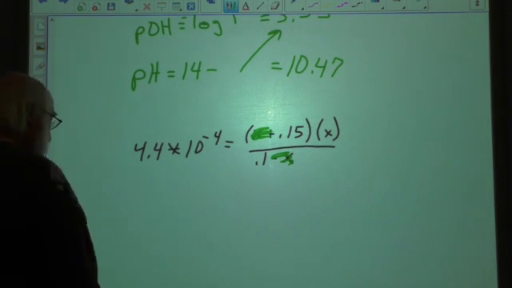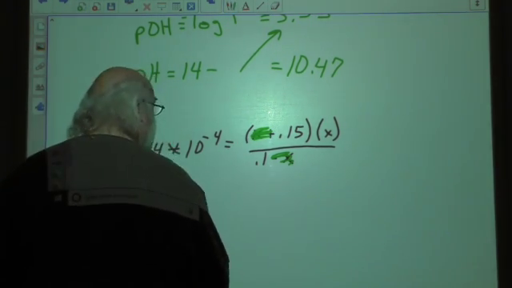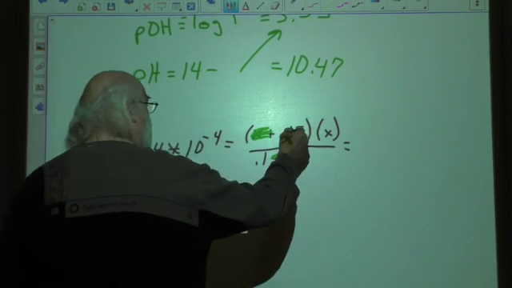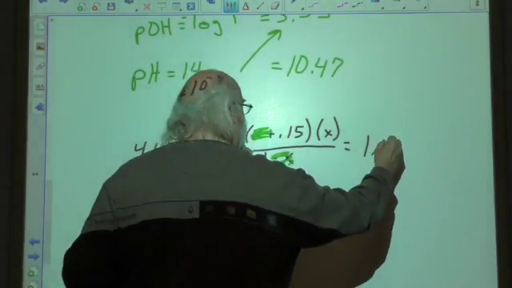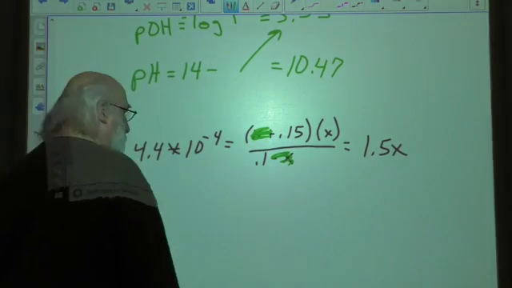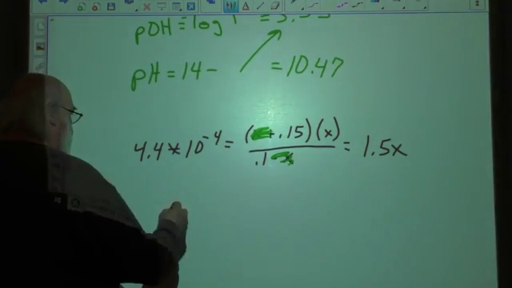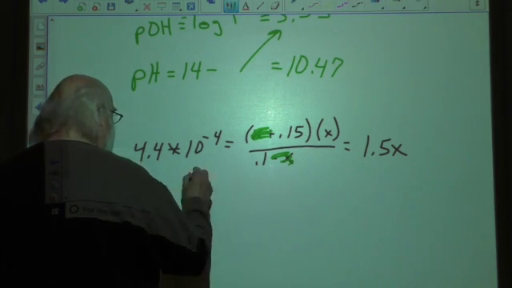What this is going to give us then, 0.15 divided by 0.1, which is 1.5x. So then I divide both sides by 1.5.